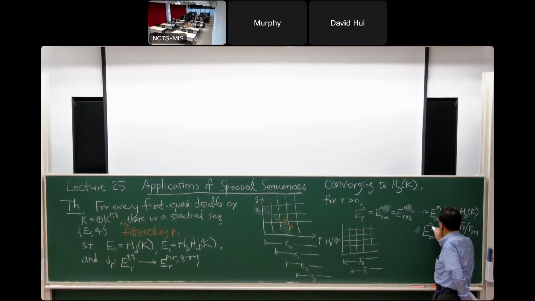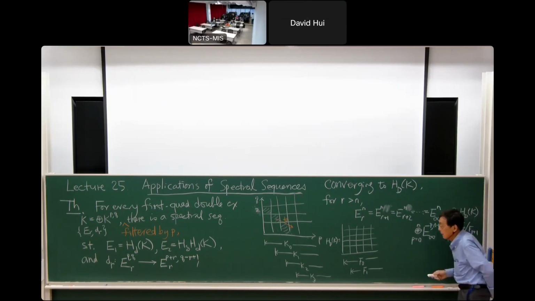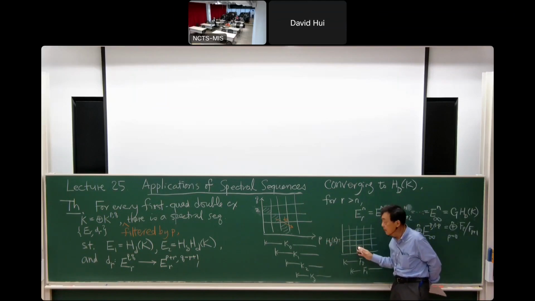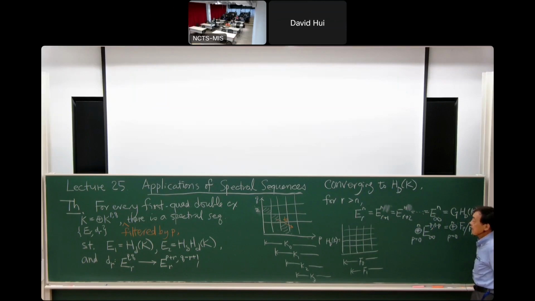So it's (p, n minus p), and you take the sum from p equal to 0 to n. So that's the theorem.